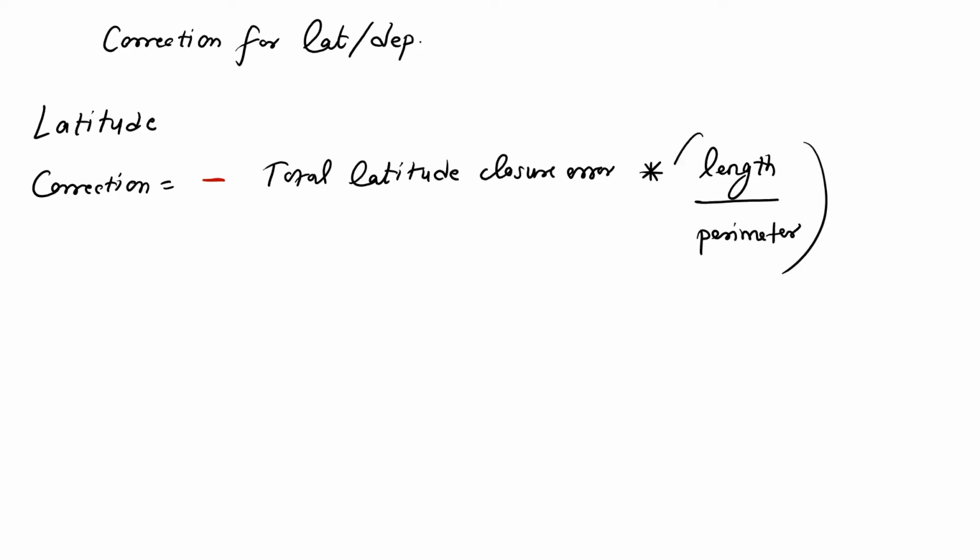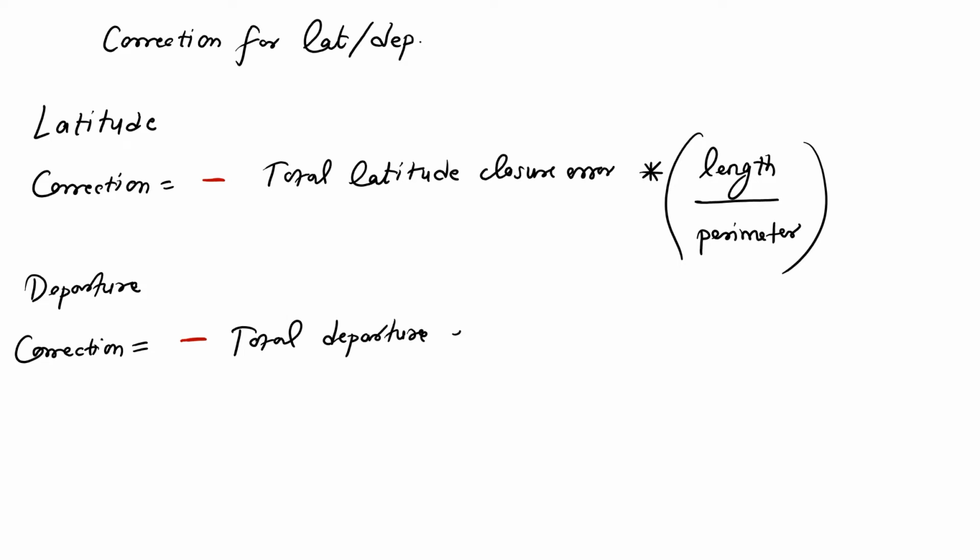Okay, this is how we do the correction for the latitude. So for the departure, what we do is, the correction equals, we put this negative sign here, the total departure closure error, you multiply this by the length of the line and divide this by the perimeter.